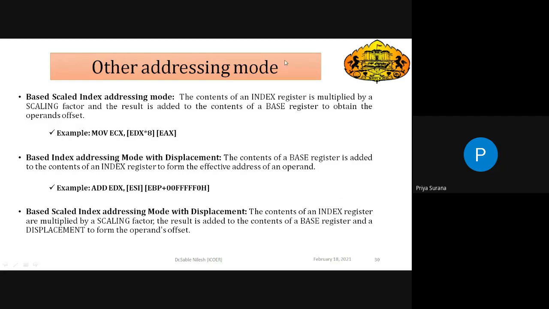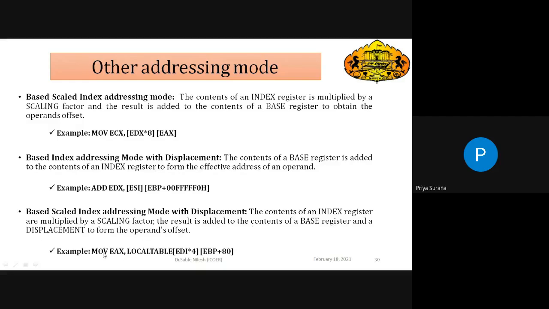Next is base scale index addressing mode with displacement. The definition given: the content of the index register is multiplied by the scaling factor. The result is added to the content of the base register and the displacement to form the operand's offset.